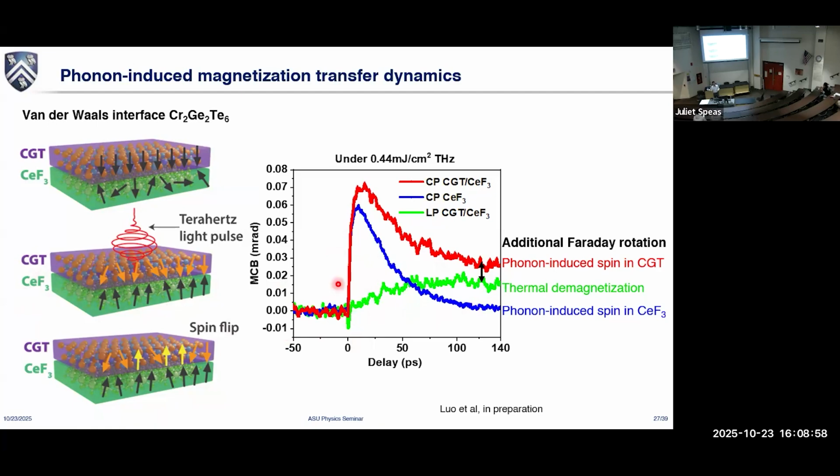But the interesting thing is that if we probe the spin dynamics in the heterostructure, which is the red curve here, it is slightly bigger than the summation of the two materials put separately. So there's something happening at the interface when they join together.